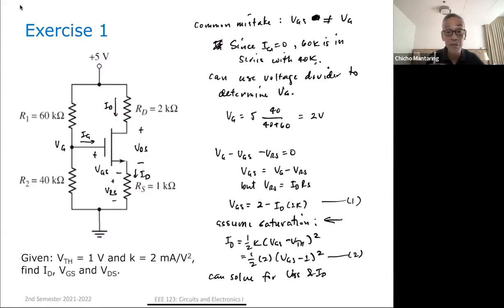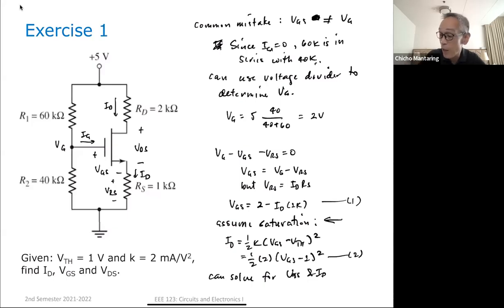Makukuha mo na yung VDS. Ang problema is if you find that it is in linear. So if it's in linear, then you have to switch to the linear equation, in which case madadagdagan ka ngayon ng isa pang unknown, and that is VDS.